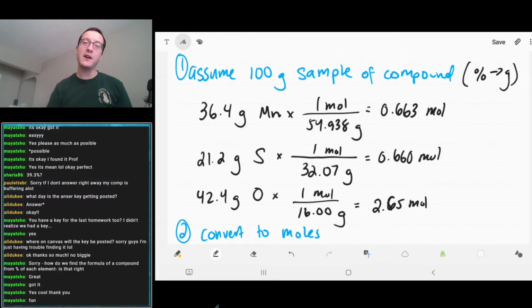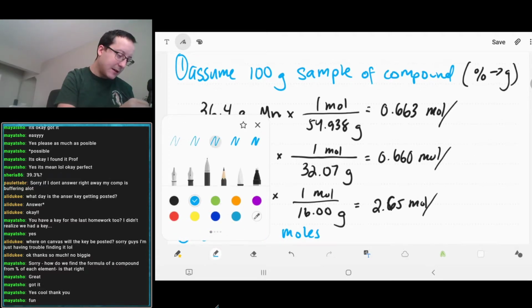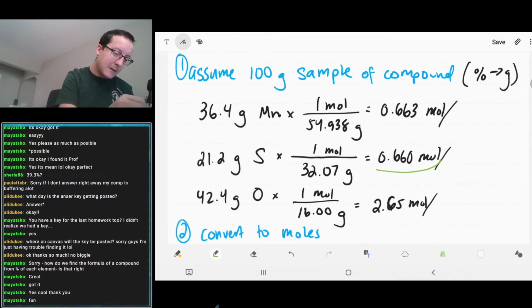And anytime you want to find a ratio, you always want to divide by the smallest one, right? So if you have a 4:2 ratio, that's the same as a 2:1 ratio. We're just going to try and find the ratio between 0.663 and 2.65. So it looks like this guy, let's circle it in green, is the smallest one.